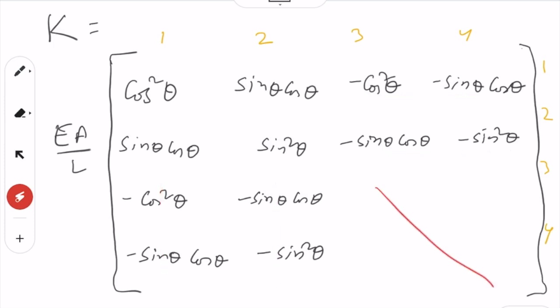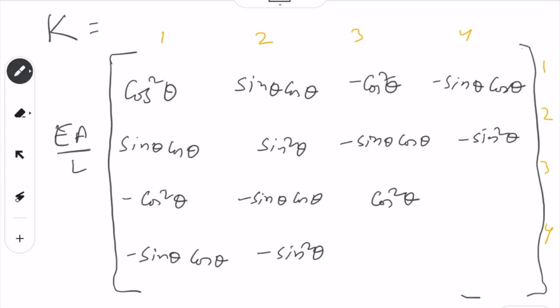Now the rest we can also find out, and how? We know that this and this have to be basically the same value but in opposite direction. That means the summation of this and this will be 0, this and this will be 0, this and this 0. So if it is a minus here, it has to be plus cos square theta. So we write here cos square theta. Similarly, the entry here plus the entry here has to be 0, so this value becomes sin theta cos theta.